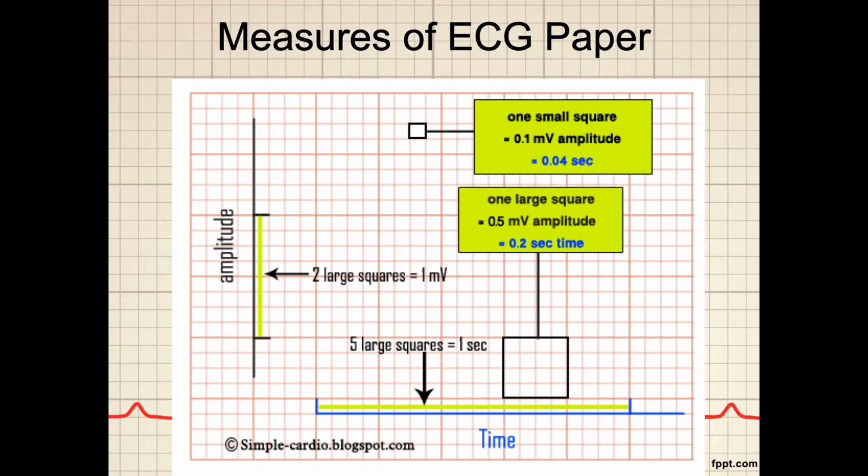One large square equals 0.5 millivolts, or 0.2 seconds of time. Also look up a little bit to your left. Now you see that because one large square equals 0.5 millivolts, two large squares is going to equal 1 millivolt. And if we add 5 squares together, 0.2 times 5 equals 1. So 5 large squares will equal 1 second.